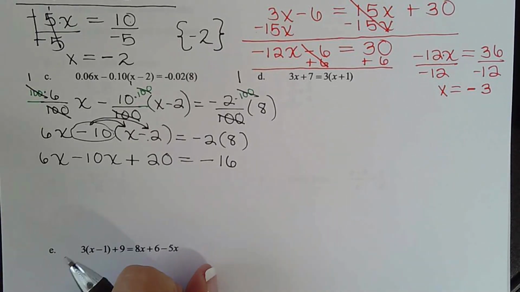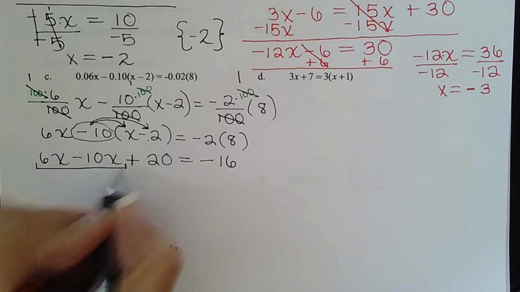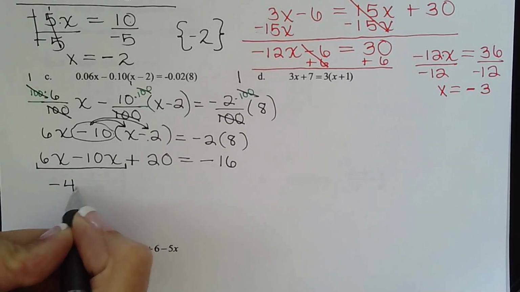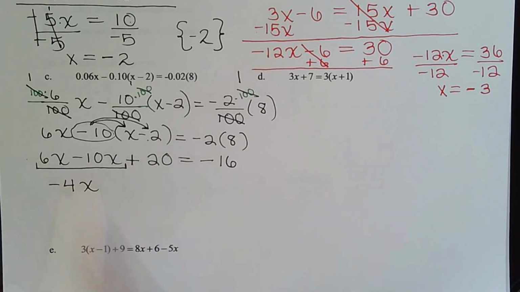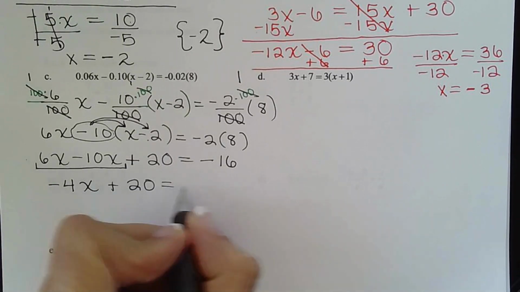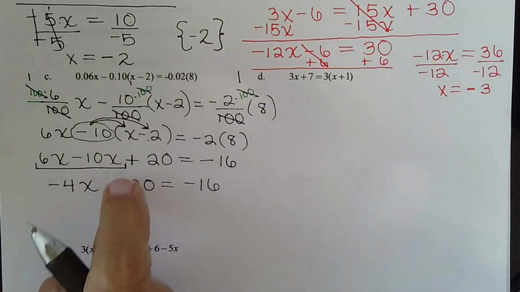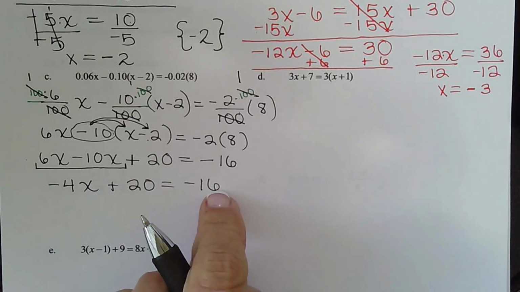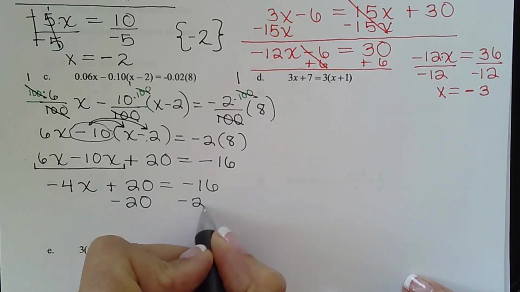So we do have some like terms to combine over here. So that's going to give us negative 4x because the signs are different. So we subtract and keep the sign of the larger. Plus 20 equals negative 16. So anything without an x moves right. So negative 20, negative 20.